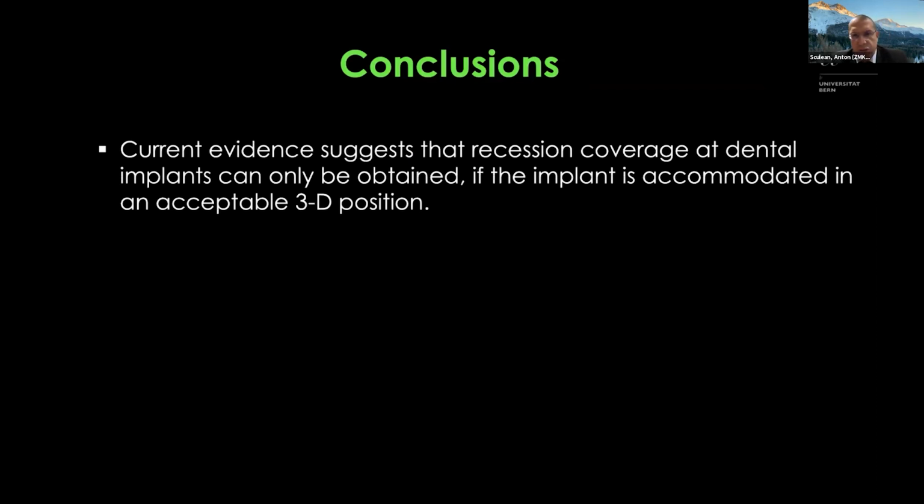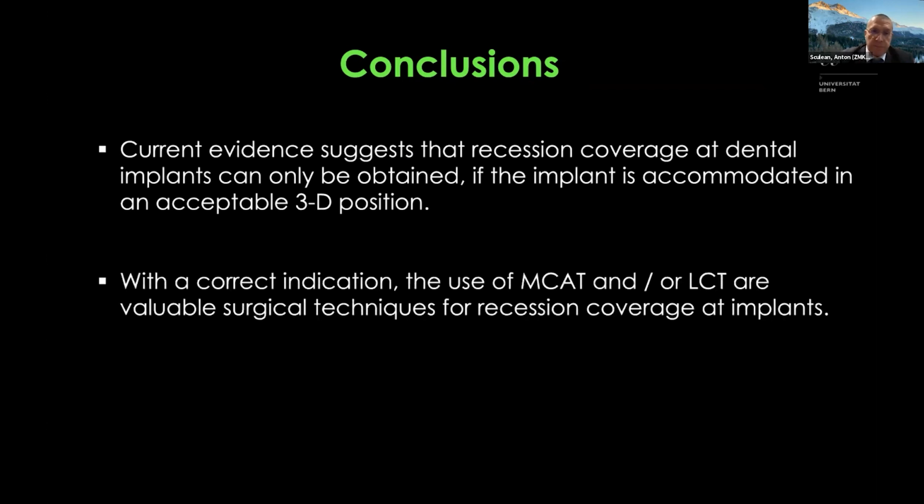Current evidence suggests that the coverage or regeneration of soft tissue defects at implants is only possible if the implant is accommodated in an acceptable 3D position. That's very important. Second, the surgical techniques that I have described are quite predictable, of course, for well-selected cases.